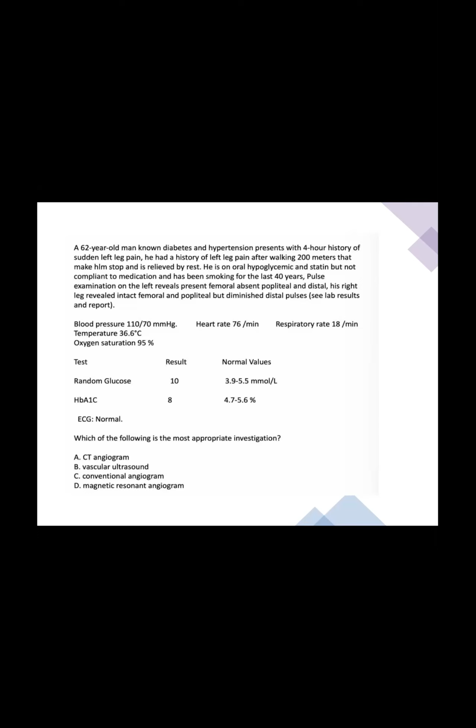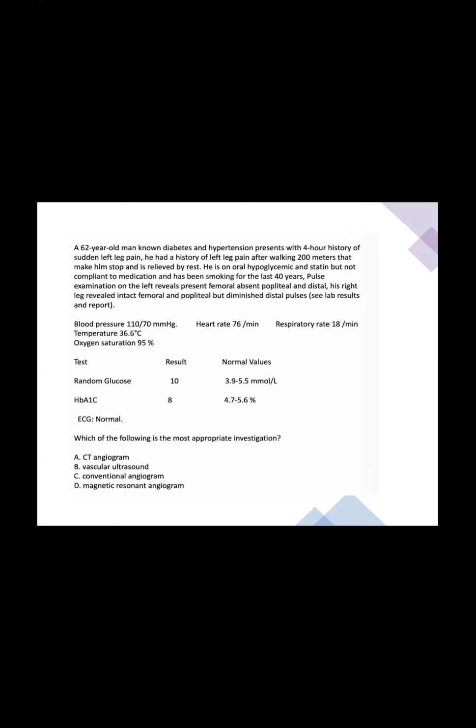A 62-year-old male, diabetic and hypertensive, with a 4-hour history of sudden left leg pain; earlier pain after 200 meters of walk relieved by rest. On oral hypoglycemics and statins but not complying with medication, smoking for the last 40 years.